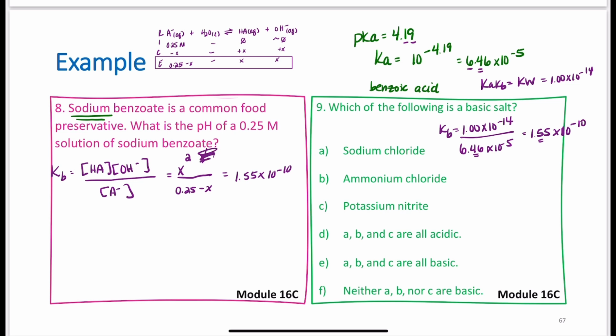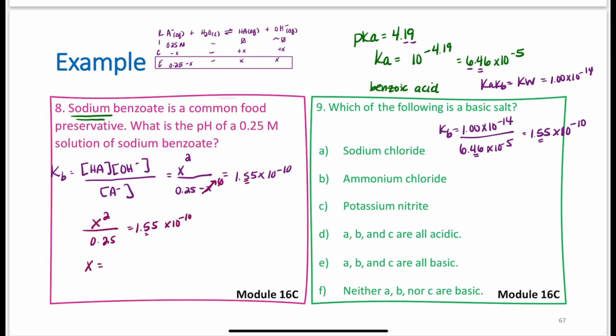Okay, for simplicity, we're going to follow the 5% rule. We're going to assume this x is so small I can ignore it, which simplifies the math, giving me x squared over 0.25 equal to 1.55, again, my sig figs are here, times 10 to the negative 10.